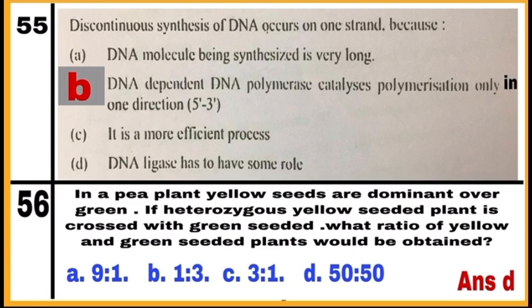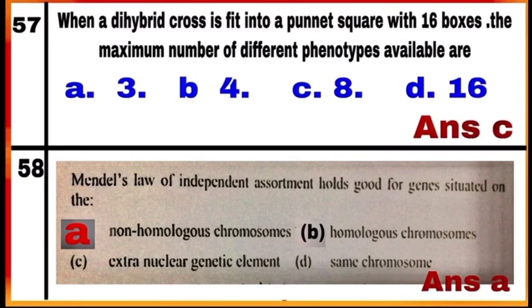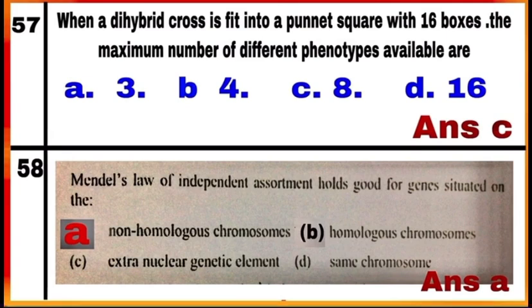So here mark D as a correct answer. Question 57. When a dihybrid cross is fit into a Punnett square with 16 boxes, the maximum number of different phenotypes available are? 4 types of phenotypes are obtained in dihybrid cross. So here mark B as a correct answer.